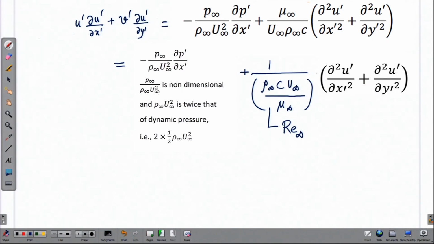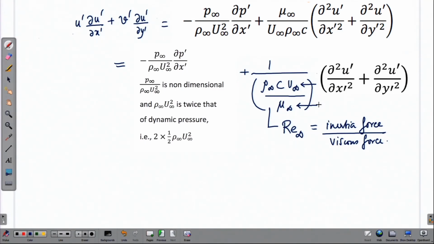This is the coefficient for the viscous terms, mind it, and you can show that the Reynolds number happens to be a ratio of inertial force and viscous force in the flow field. So, as the flow velocity increases, for the same fluid, the inertial forces will dominate over viscous forces.